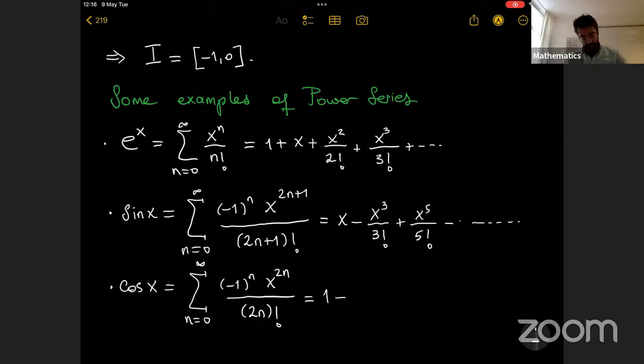It's like 1 minus x squared over 2 factorial plus x to the 4 over 4 factorial, and so on.